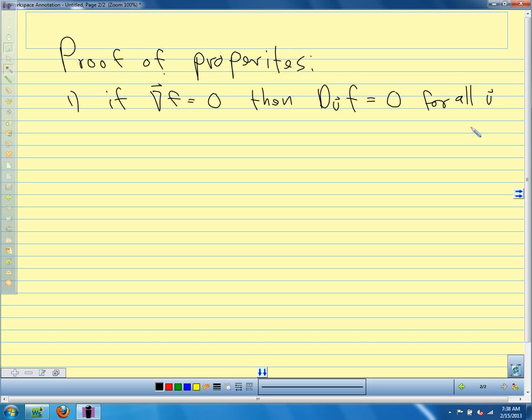Well, we know that the directional derivative is del f dot u, and it follows immediately that if del f is a 0 vector, then the dot product is going to be 0 with any vector.